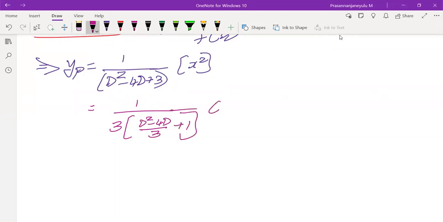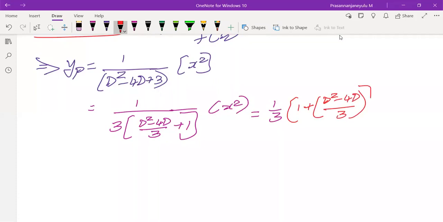Of x square. But I'm rewriting it like this: 1 by 3 into, now I'm taking this to the numerator part. This 'D plus 1' can be written as 1 plus D also. So 1 plus D square minus 4D by 3, I'm putting brackets for this.